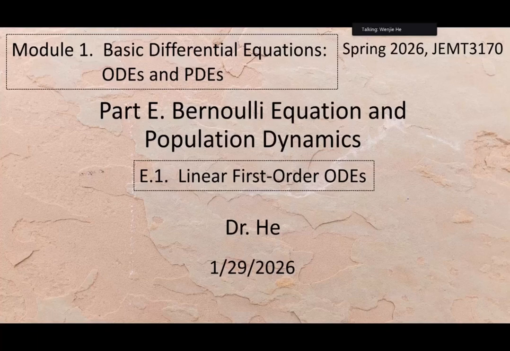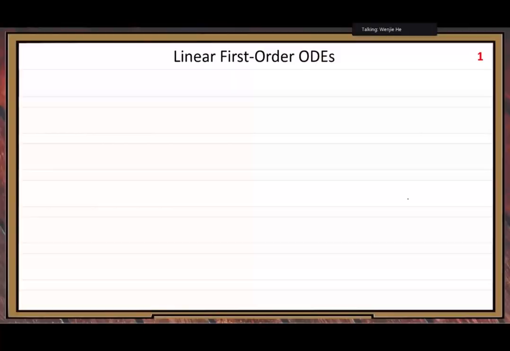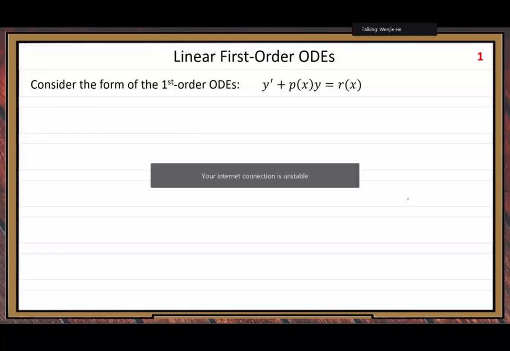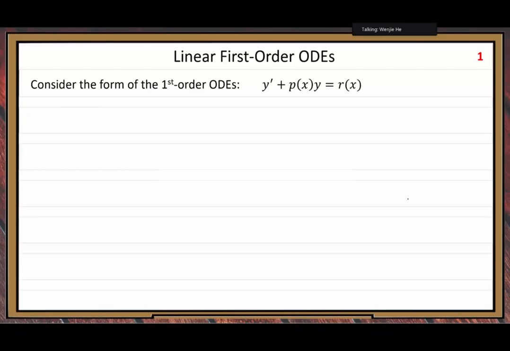First, let's consider the linear first order ODE. Very simple, but we need to know what the definition of the linear first order ODE is. Here we consider this special form: y prime plus P of x times y equals R of x.